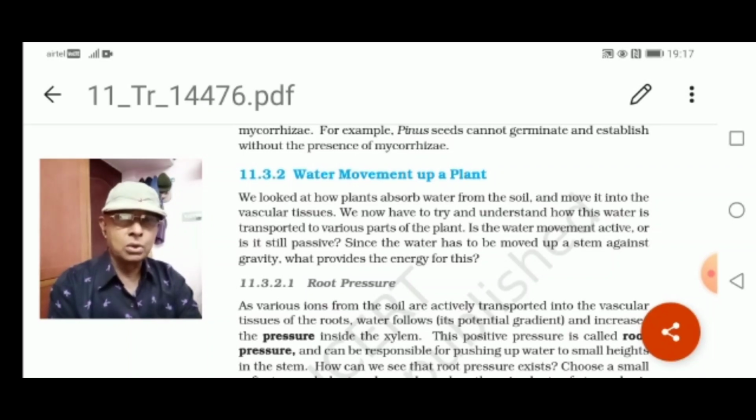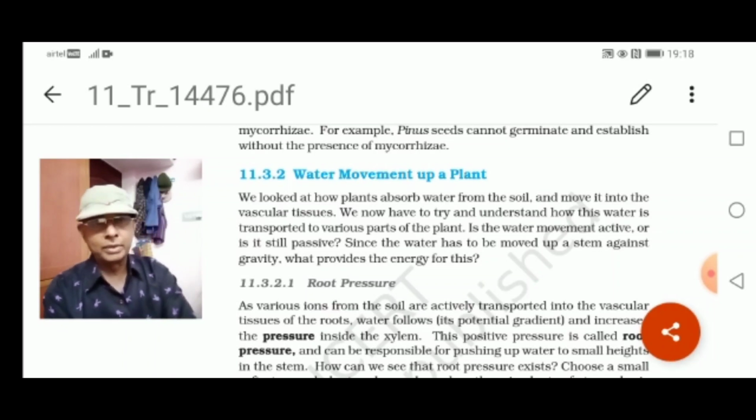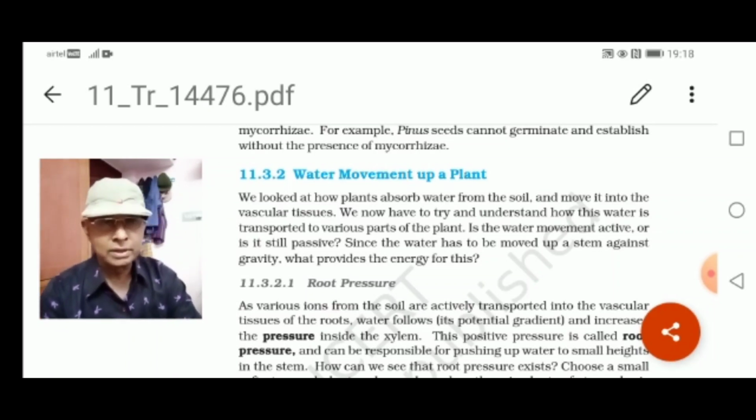Water and also ions are actively transported into the vascular tissue from the soil. The roots will absorb water as well as ions from the soil by an active transport system. The root system will send water and minerals to the vascular tissues of the root.